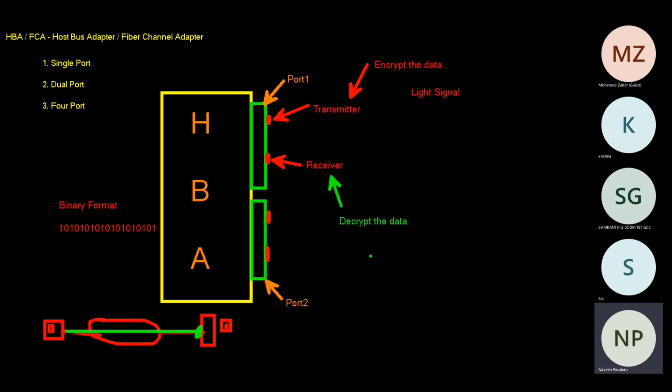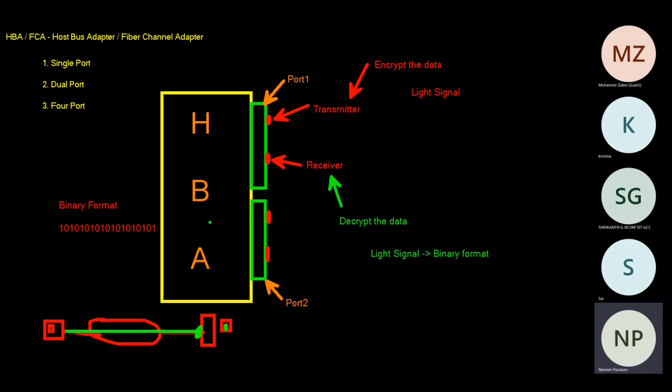That means again it is converting the data from light signal to binary format, and it will save the data in the storage, hard drives or whatever it is. This is how the HBA or FCA mechanism will work. So this is the reason SAN is more secure when you compare it with NAS. We'll talk about these things after discussing HBA.